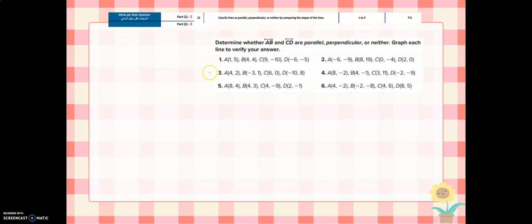For this one, you are asked to classify lines as parallel, perpendicular, or neither by comparing their slopes.